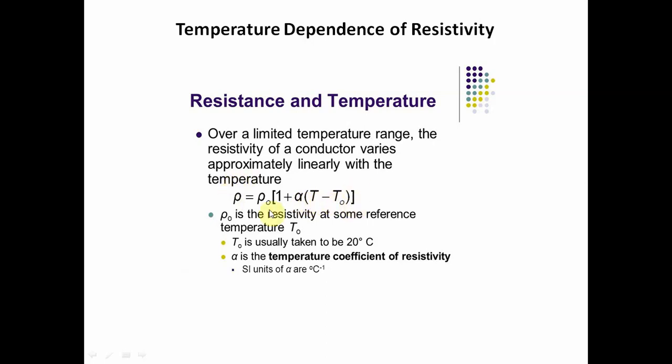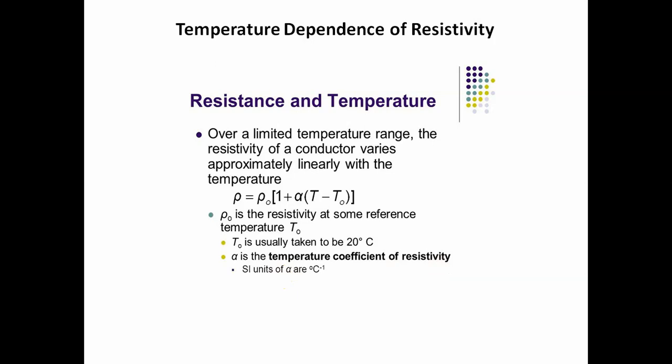So the same expression which was expressed in the case of resistance is also applicable in terms of resistivity. Here rho naught is the resistivity at some reference temperature, generally taken as 20 degrees, and alpha is also called the temperature coefficient of resistivity, and the unit of alpha is per degree centigrade.